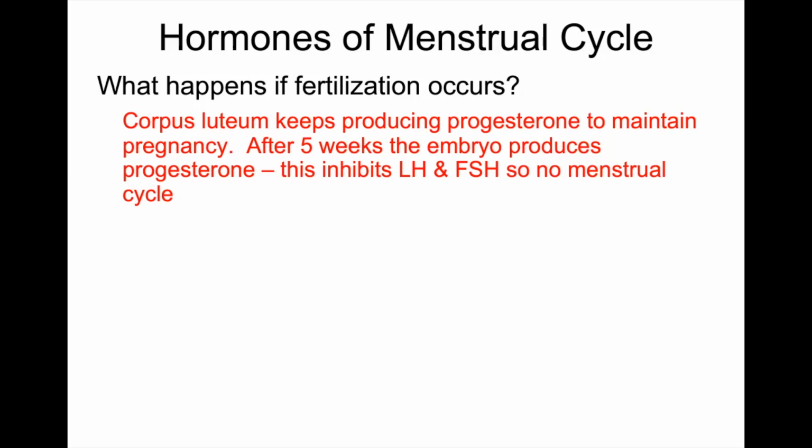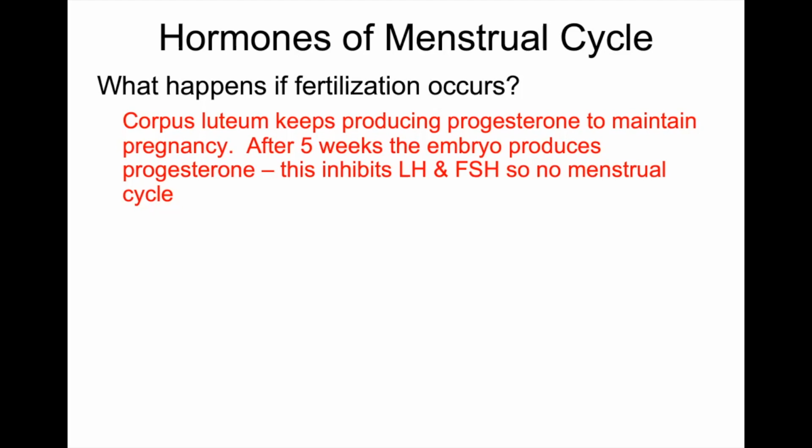One unique thing that happens is that the corpus luteum keeps producing progesterone to maintain the pregnancy. This is actually very relevant to know from a biomedical and treatment perspective. In the medical setting, medical professionals will actually prescribe progesterone if the birthing person reports experiencing repeated miscarriages.